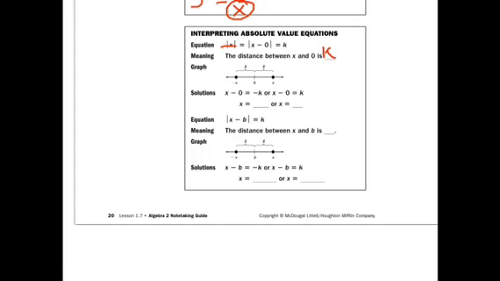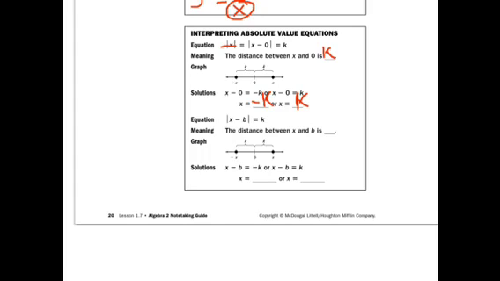So x minus 0 equals negative k, or x minus 0 equals positive k, then x would be negative k, or x would be k in that situation, because anytime you minus 0, it's not really going to change much.